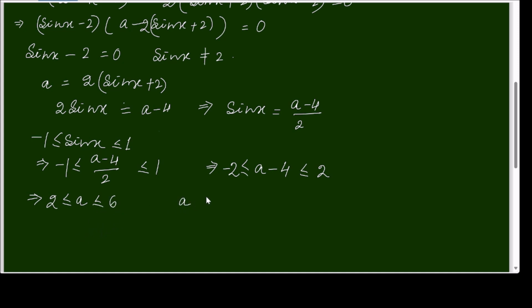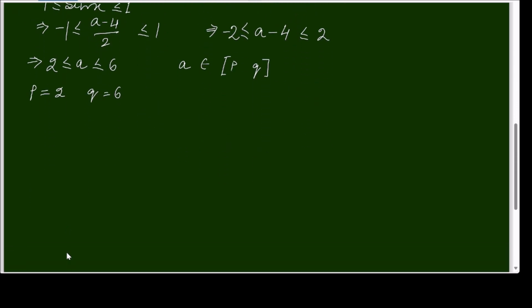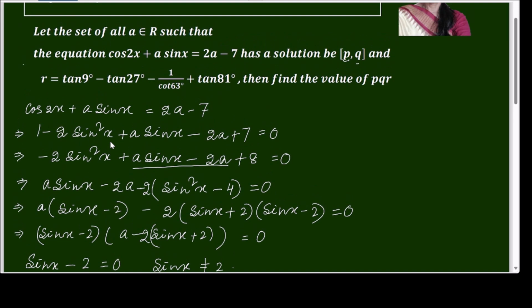And it is given that A belongs to the closed interval [P, Q], so P is 2 and Q is 6. So after getting P and Q, now we'll go for R. You can see that for one question there are so many related concepts.